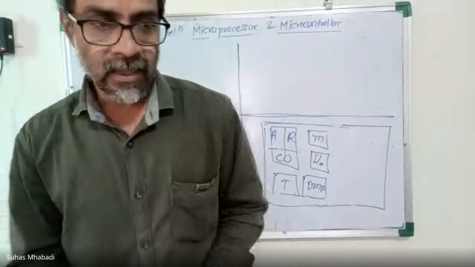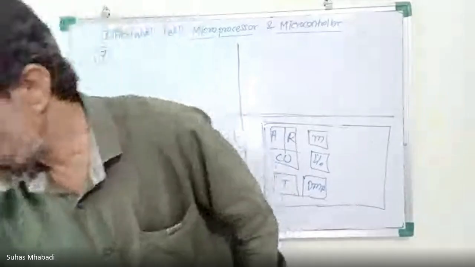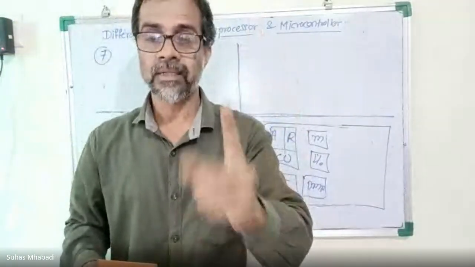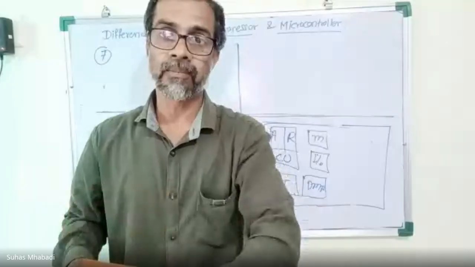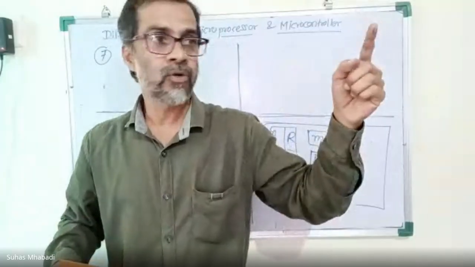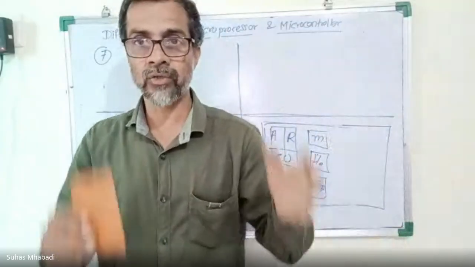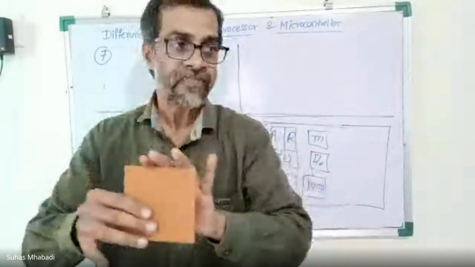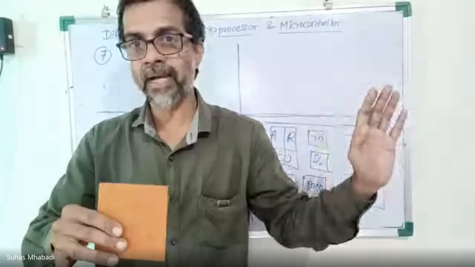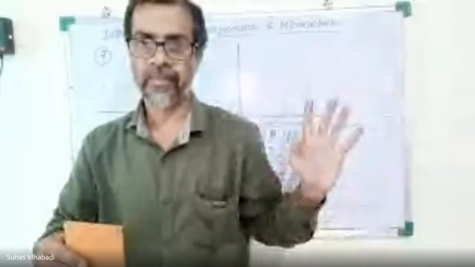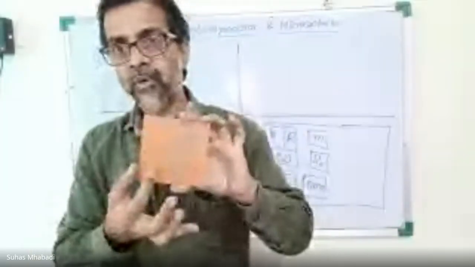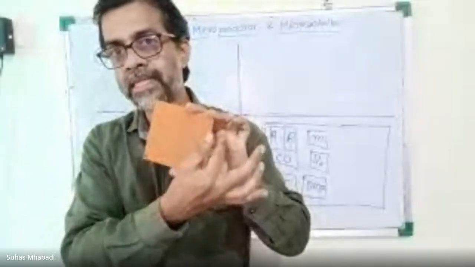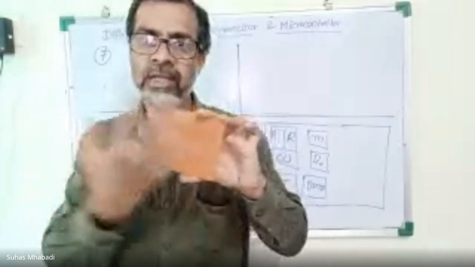The hardware required. Right from the beginning, I said that I want to achieve the same task. One, I'm going to achieve by microprocessor. Other, I'm going to achieve by microcontroller. So with the help of two different systems, one built by processor, other built by controller, I want to achieve the same task. I'm going to connect the microprocessor, memory, input, output, ADC, and then I go for the hardware.